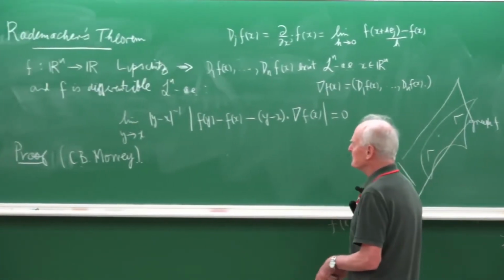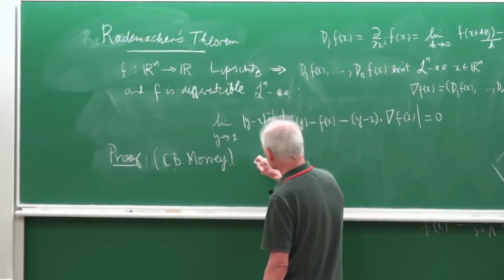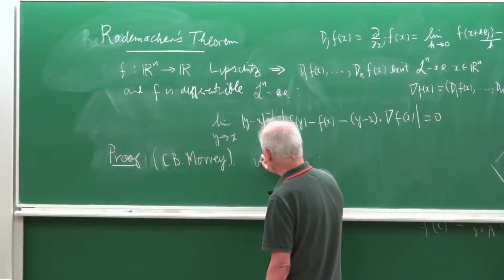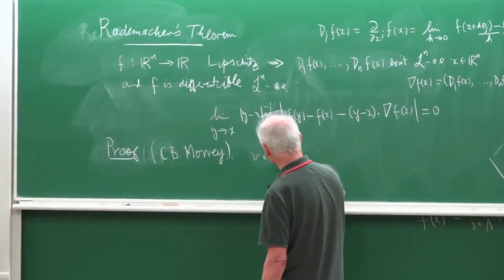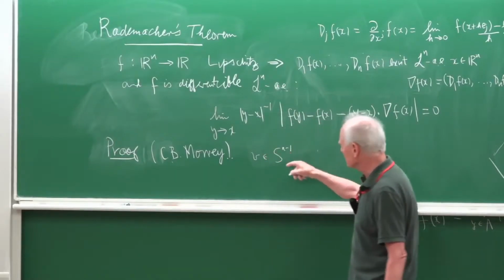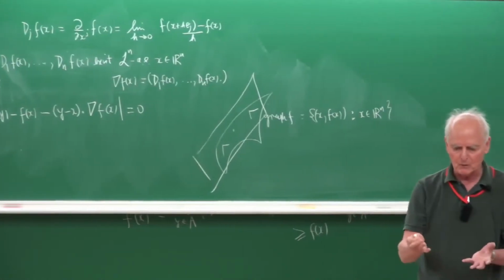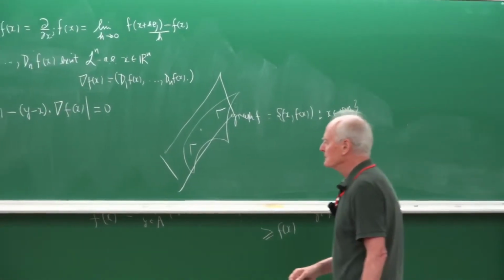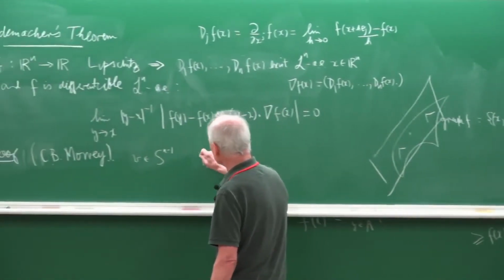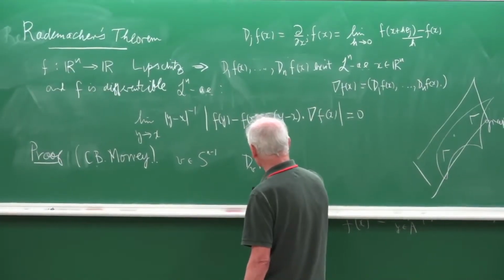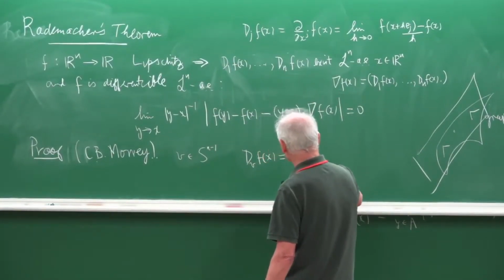Okay, so first of all, we want to talk about directional derivatives. So take any vector, first of all, in the unit sphere. This is the unit sphere in R^n, the set of points in R^n with norm equal to 1. And then we define d_v f at x to be the directional derivative.